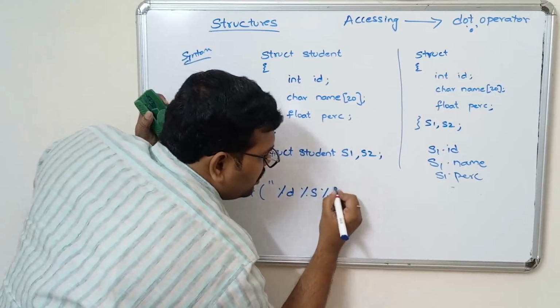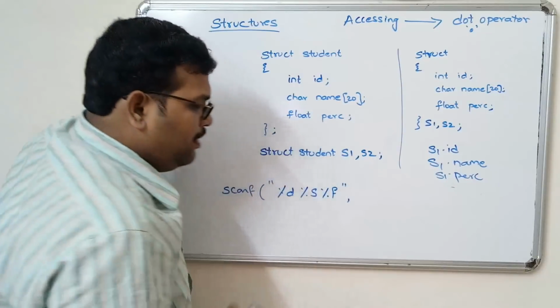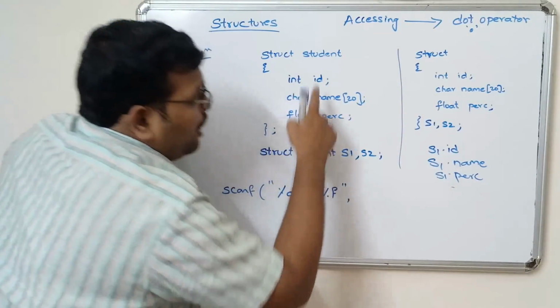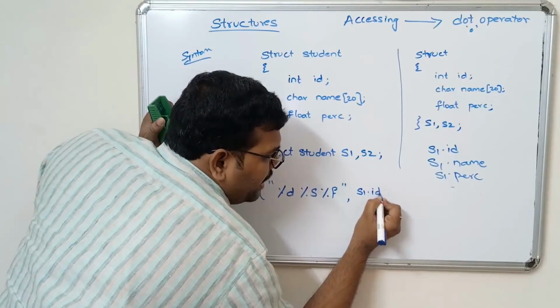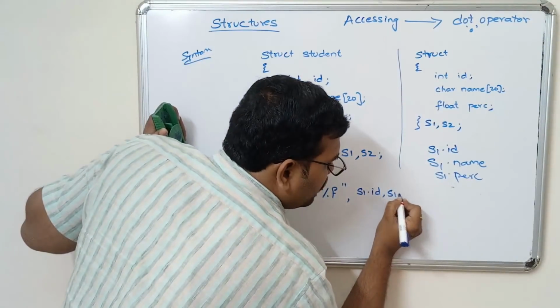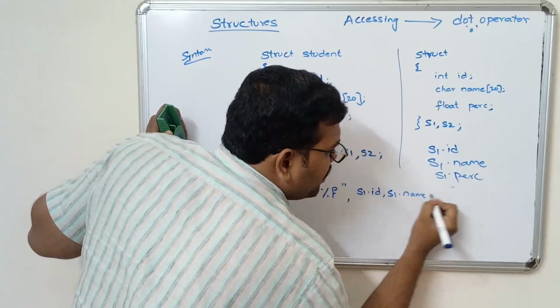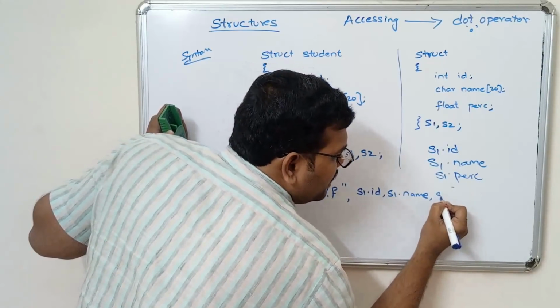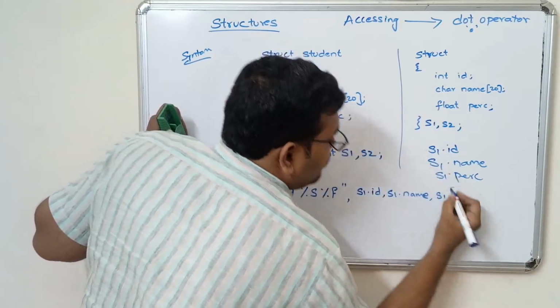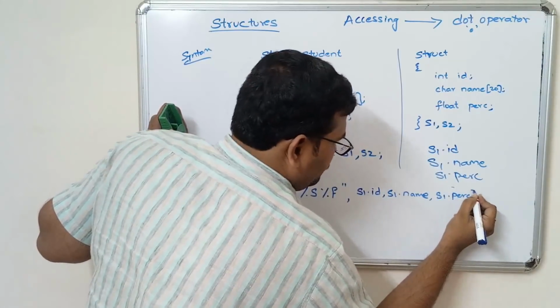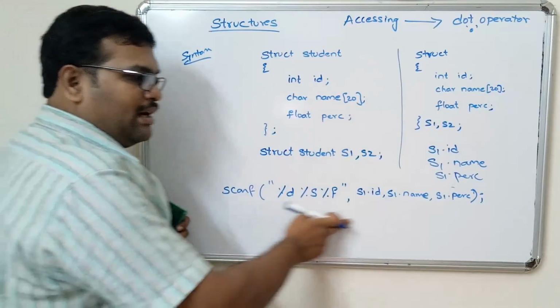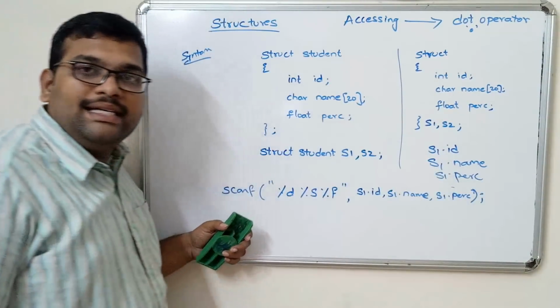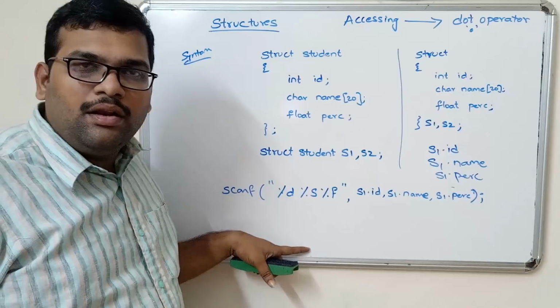Next, float, it's percentage F, comma, first one, ID. Here we have to access using S1 dot ID, comma, S1 dot name, comma, S1 dot percentage. So this is the runtime initialization of a structure variable.